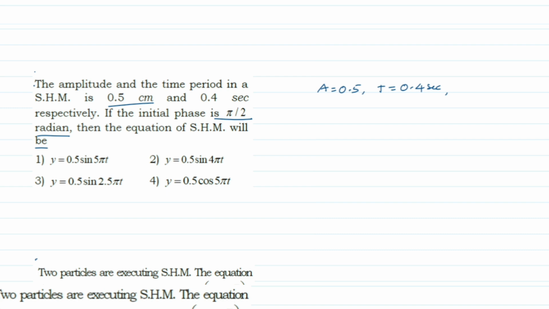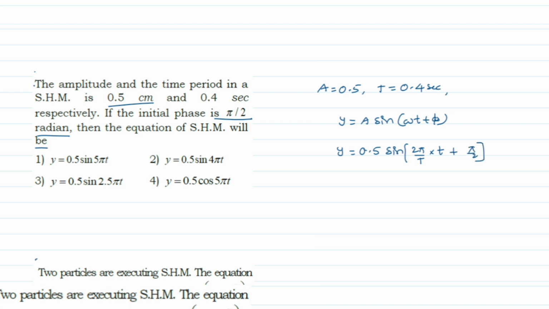So the general equation, in terms of y, I am going to write as y equals a sin(omega t plus phi). Now y equals the amplitude 0.5 into sin(omega, which is 2 pi by T, into t, plus the initial phase pi by 2).